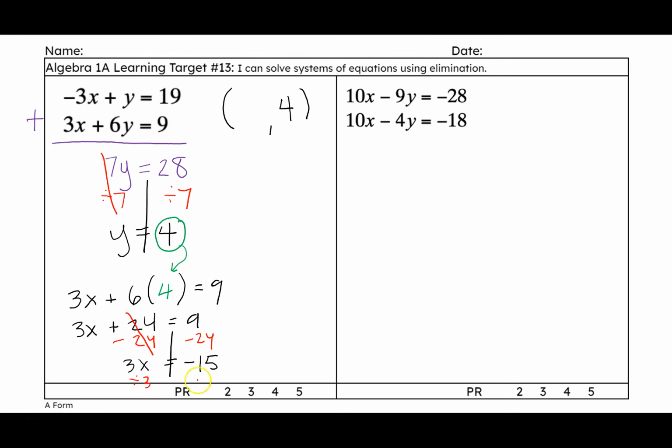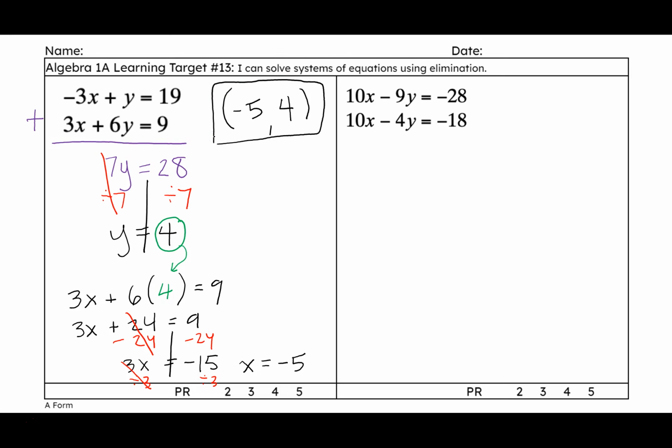I'm going to divide by 3, divide by 3. X is going to equal negative 5. So that's going to be my first answer right here, negative 5. So these two lines, once they are graphed, would cross at negative 5 for x and 4 for y.